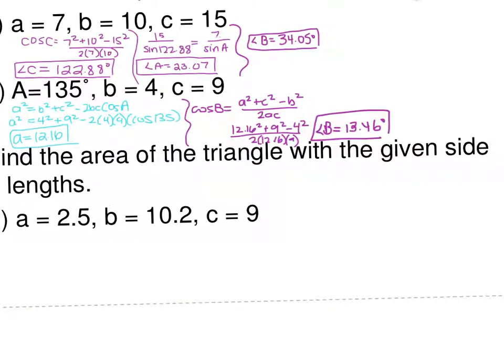Carlos: Once again, that ratio for the A, can you use that to find the angle? Yep. So then the last one, angle C, 180 minus 135 minus 13.46, 31.54.